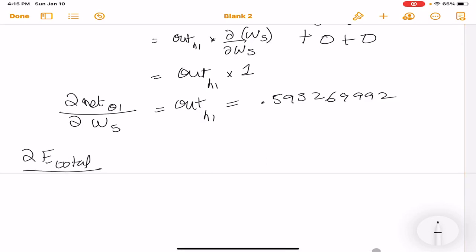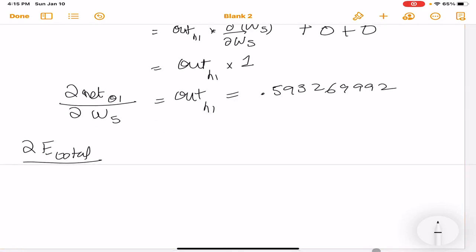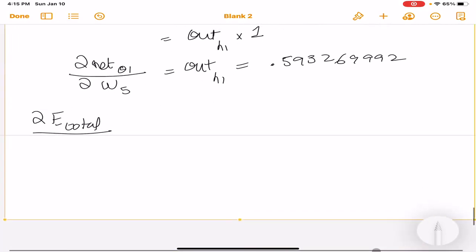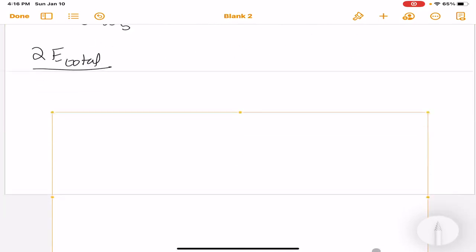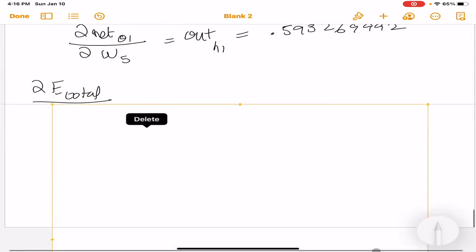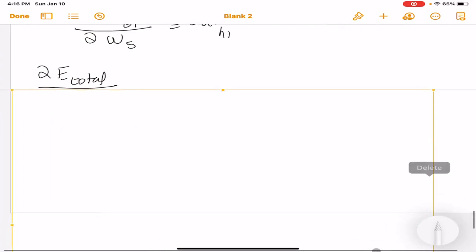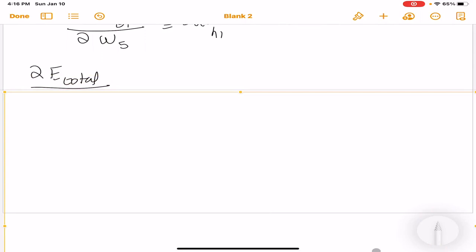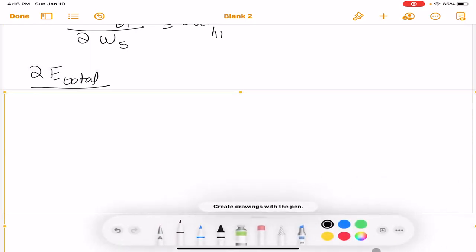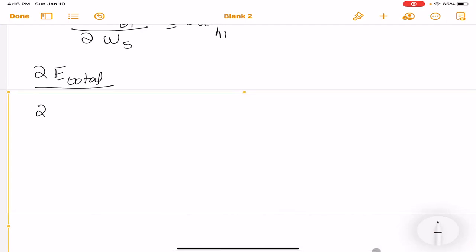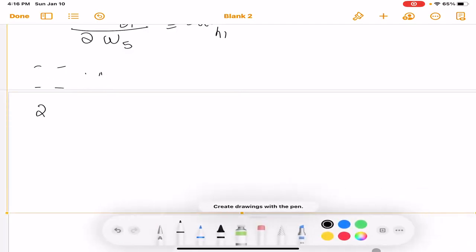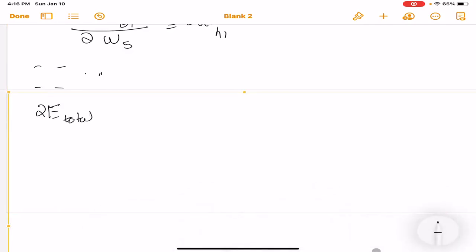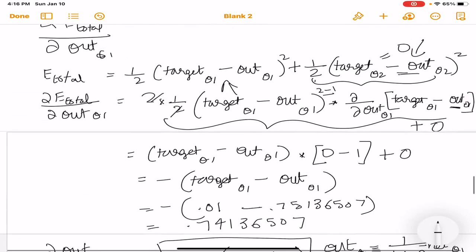We wanted to find dou E total divided by dou W5, which was equal to here, right?